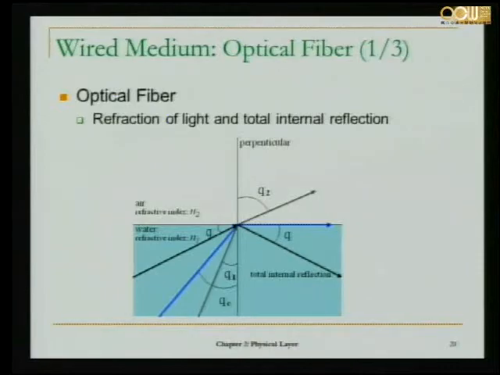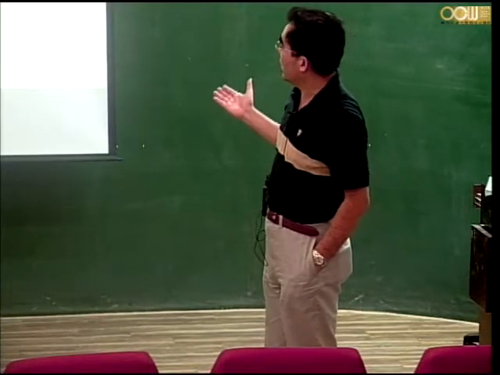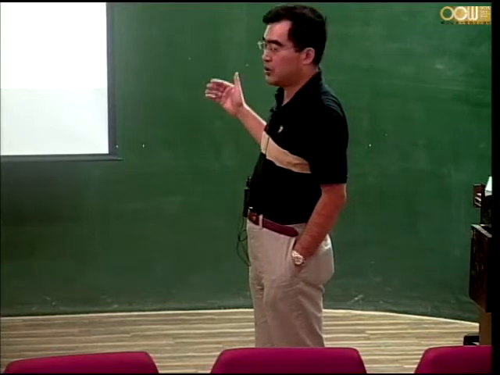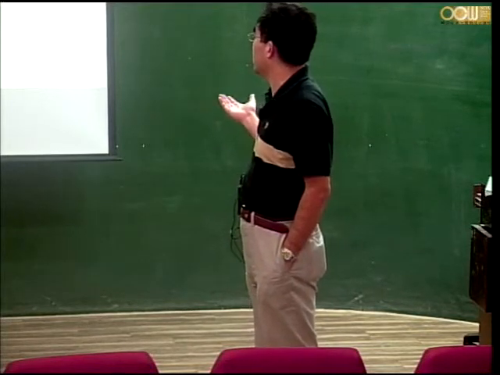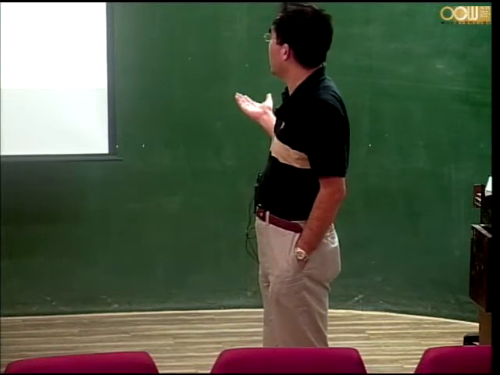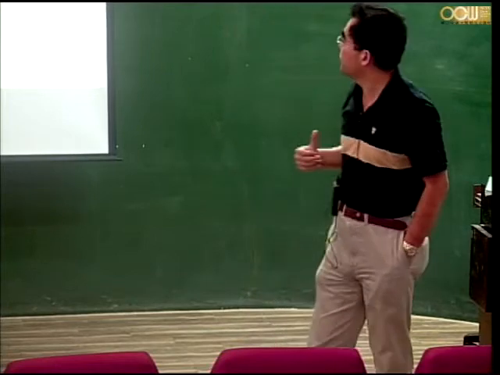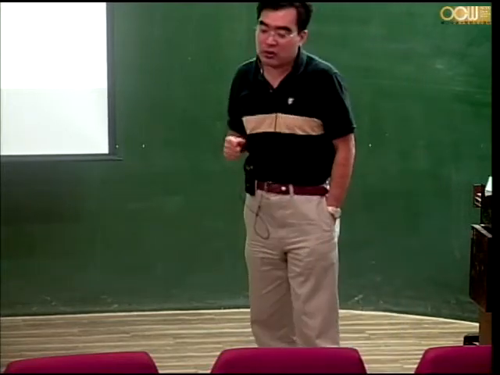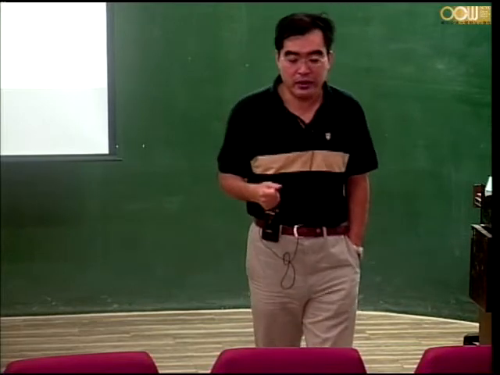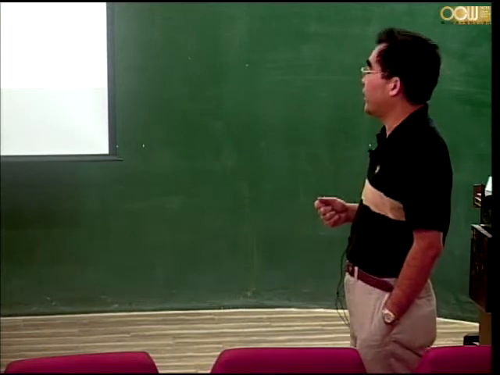Your light coming in with a large angle would not penetrate into the other media, and then it will be reflected back internally. So within optical fiber, you rely on total internal reflection to carry the signal by the light.